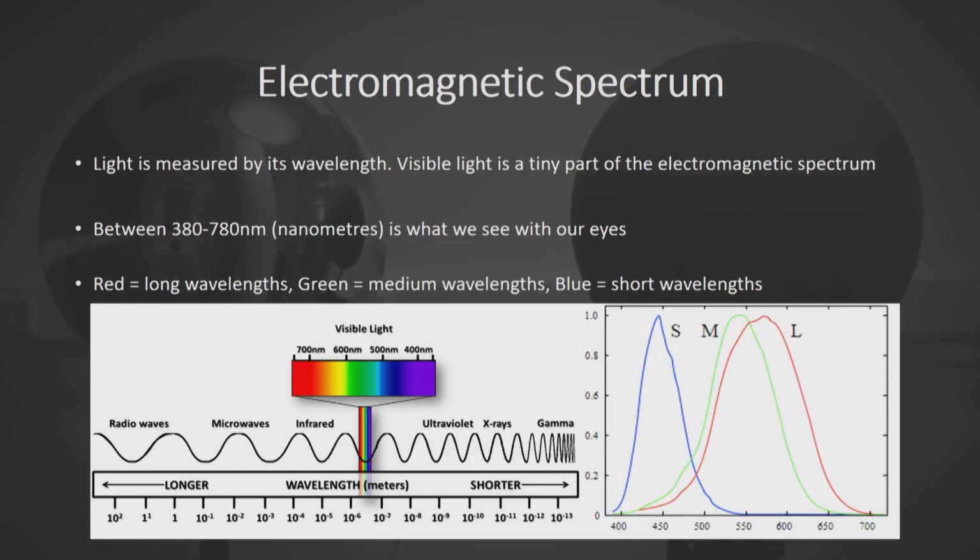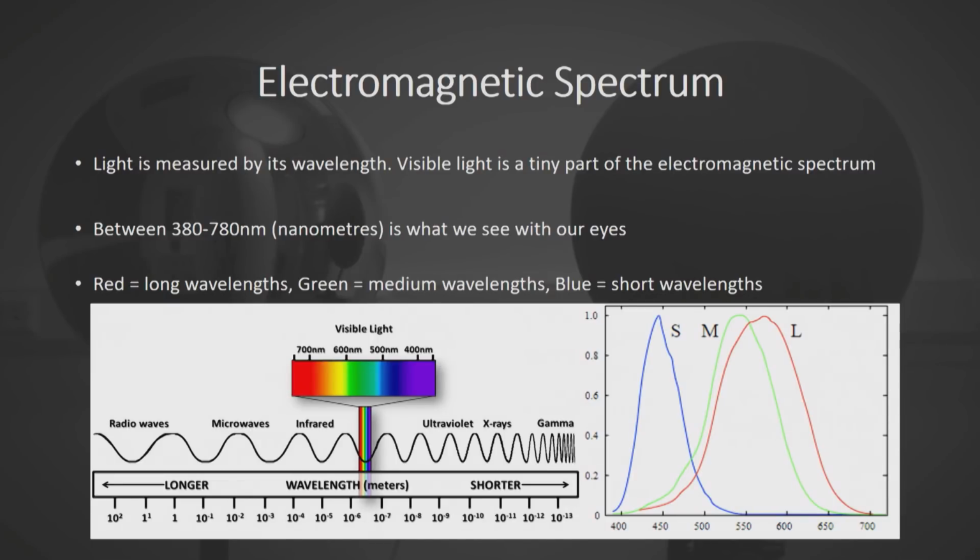So light and color, what we all see with our eyes right now, is part of the electromagnetic spectrum. This is light measured by its wavelength, and the electromagnetic spectrum is huge, right? It covers radio waves, X-rays, gamma rays, ultraviolet. But visible light, the light that we see, reds, greens, and blues, that's only a tiny part of the electromagnetic spectrum.